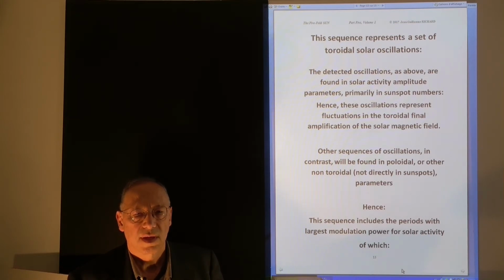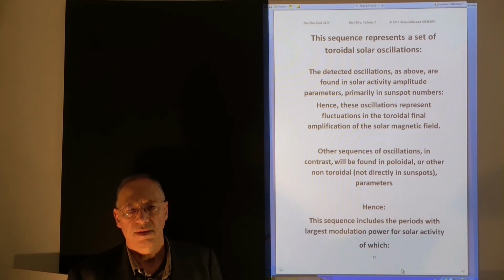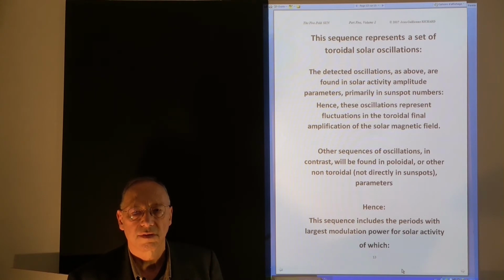This is, so to say, a latitudinal solar cycle with winding up of magnetic field lines, as suggested in the Fivefold Sun project in its first part, discussed in the first videos of this series of video lectures, while we will find separately and report in the next videos other sequences in solar long-term oscillations which are not toroidal, which are poloidal or else, and thus will not be found so directly in the sunspot record.